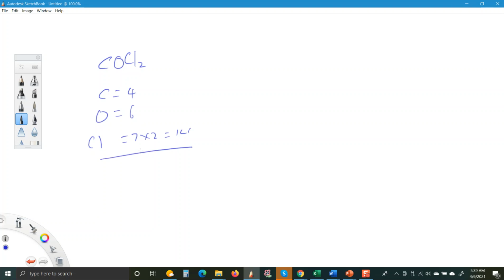When you add these all up, you're going to get 24 electrons, which is equal to 12 pairs. Put the carbon in the middle, surround it with the chlorines and the oxygen. We put the bonding pairs, 1, 2, 3, then 4, 5, 6, 7, 8, 9, 10, 11, 12.